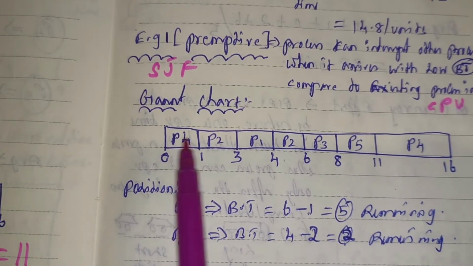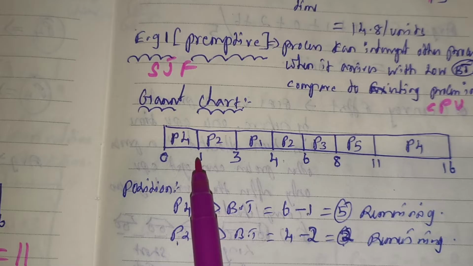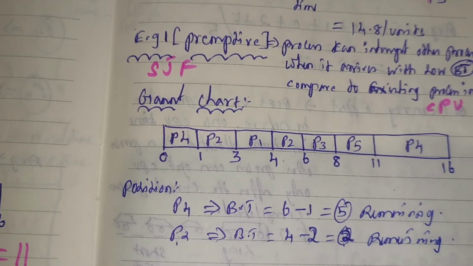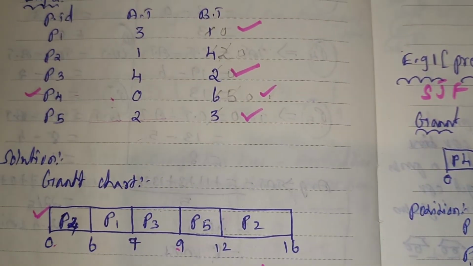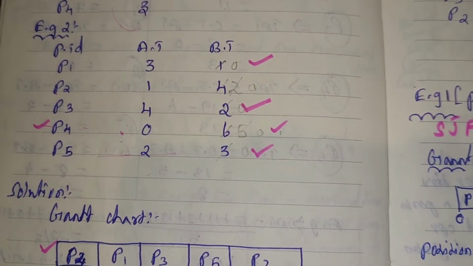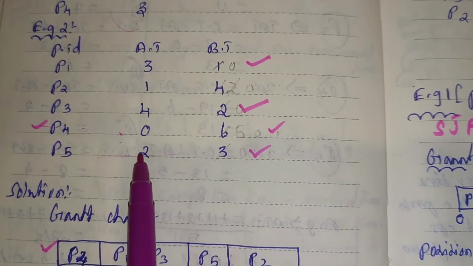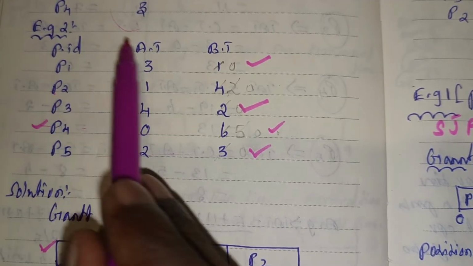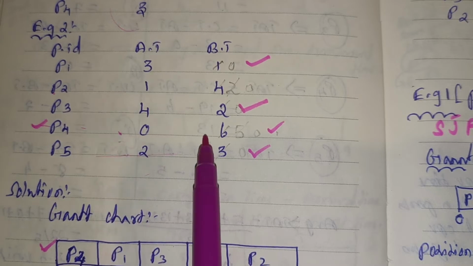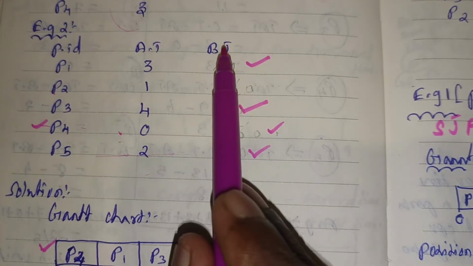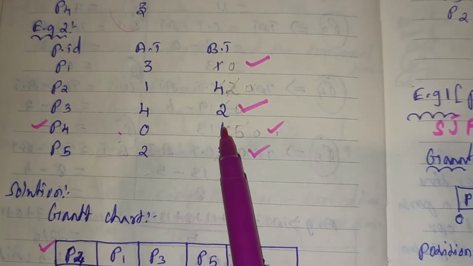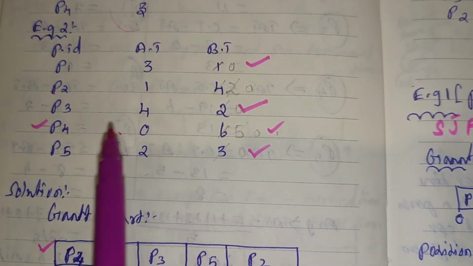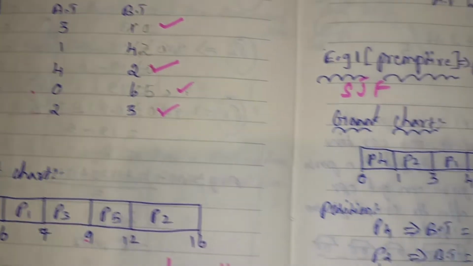I have drawn this Gantt chart based on preemptive scheduling. As I explained in my previous video, whoever comes first will be treated first, and the next process will interrupt whenever it has a higher priority or a burst time lower than that of the process already inside. Okay, let's see.